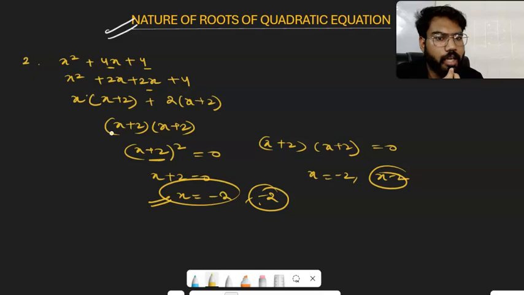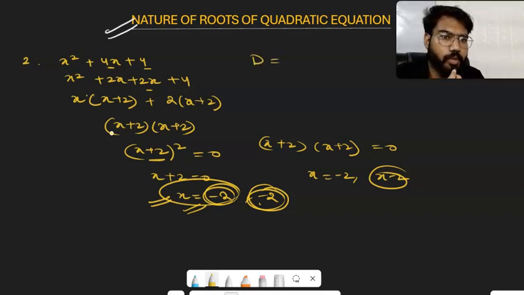So clearly if we check the value of discriminant, it must be 0, because both roots are equal and real numbers. So let's verify that the discriminant comes out to be 0 or not. D is equal to b square minus 4ac. In this case the value of a is 1, b is equal to 4, and c is also 4.